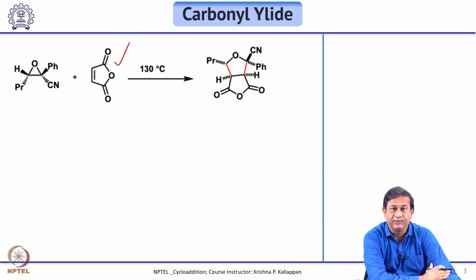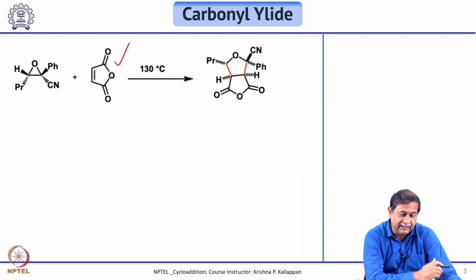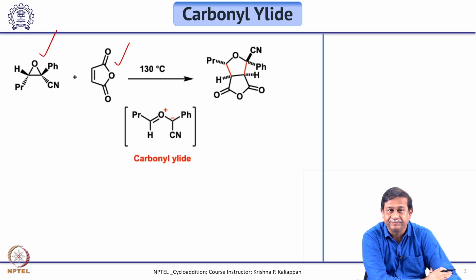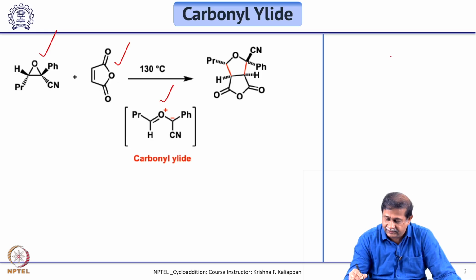In this case, you can use maleic anhydride to trap the carbonyl ylide which is generated from this epoxide. So this is the ylide which is formed, and here also there are two possibilities, as you can see here.